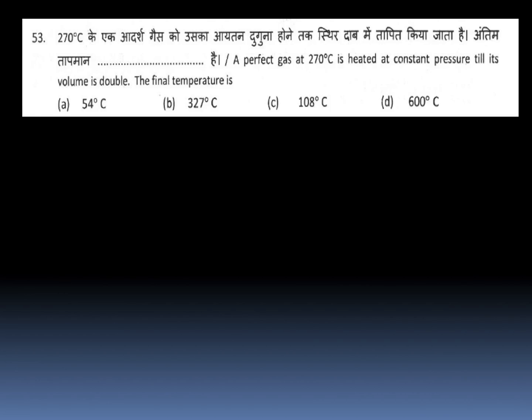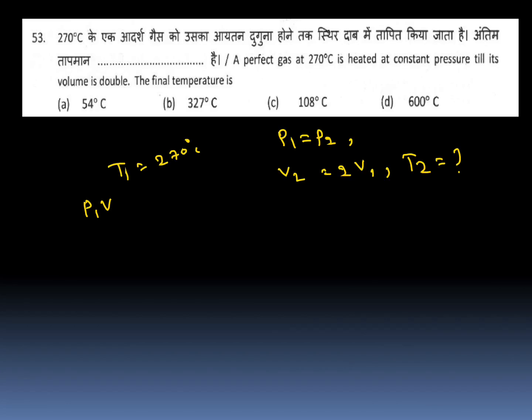So T1 is 270 degrees Celsius, then heated at constant pressure. So P1 equal to P2, volume is double. V2 is 2V1. Final temperature T2 we have to calculate. Combined gas equation, P1V1 by T1 equal to P2V2 by T2. Pressure is constant, cancel.